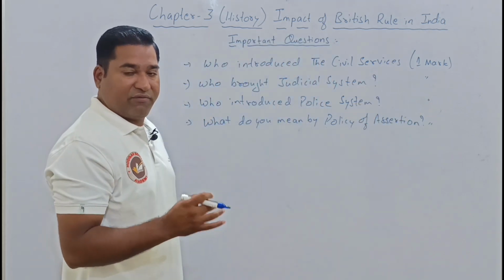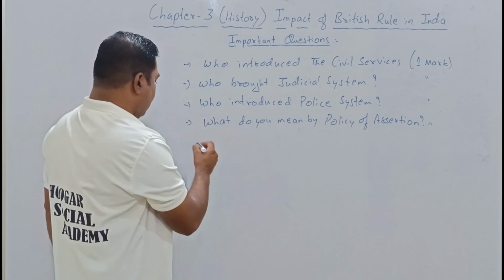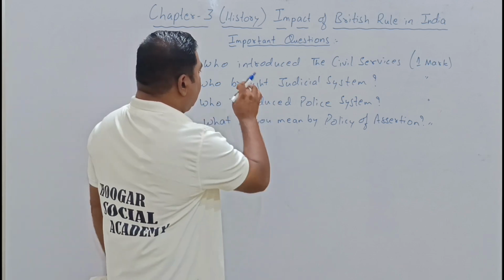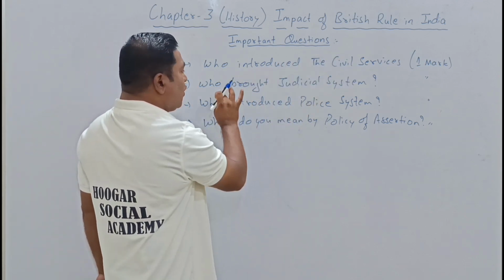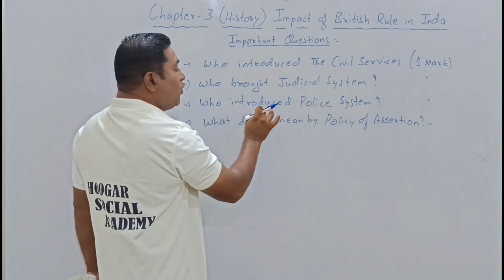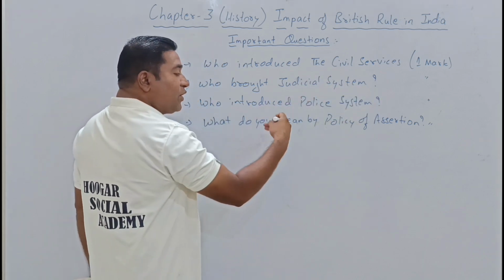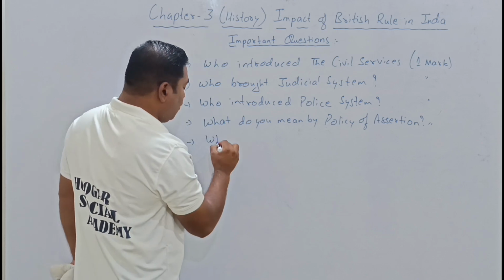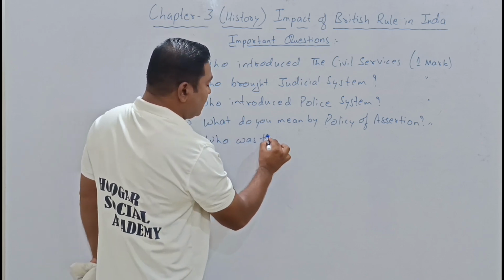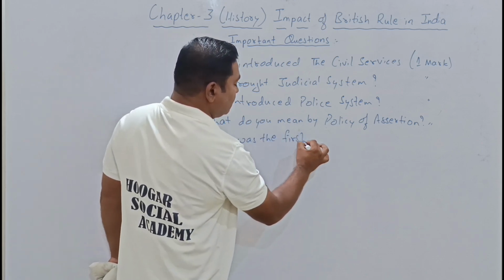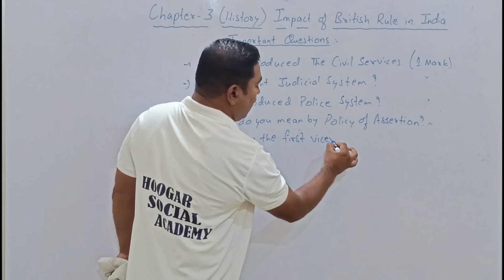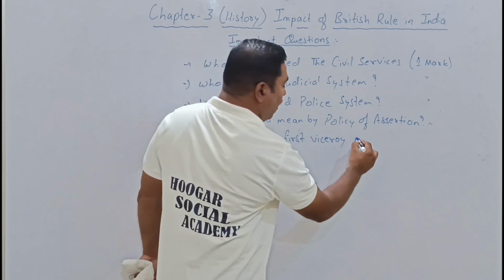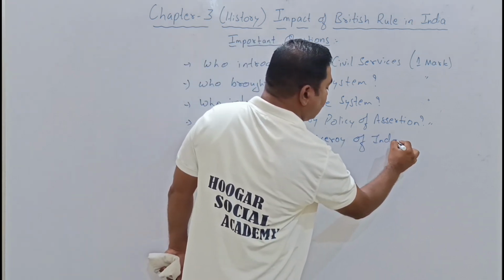Very important questions, right? Who introduced the civil service? Who brought the judicial system? Who introduced the police system? What do you mean by the policy of assertion? And who was the first Viceroy of India?